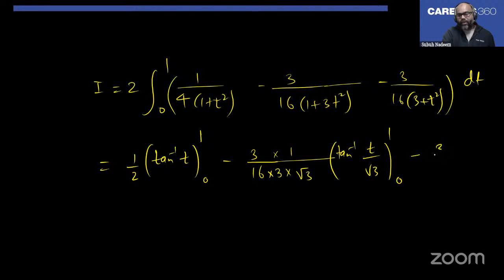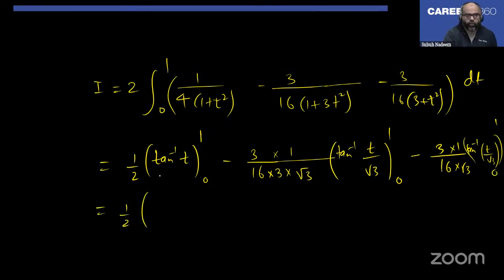Here also minus 3 by 16, and it is 1 by root 3 tan inverse t by root 3. And the limit here is also 0 to 1. So this will become 1 by 2. Tan inverse 1 is pi by 4. The other one is 0.